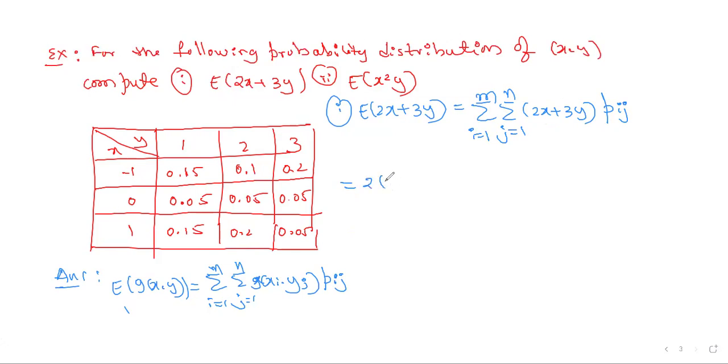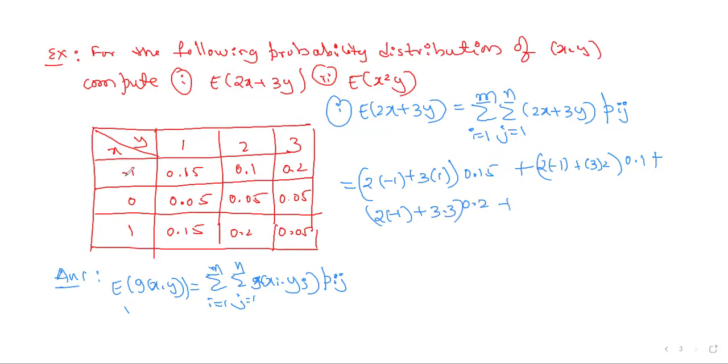Say for example, 2 into minus 1, that is, minus 1 is fixed, plus 3 into the first y value, 1, with probability 0.15, plus 2 into minus 1 plus 3 into 2 with probability 0.1, plus 2 into minus 1 plus 3 into 3 with probability 0.2. The first minus 1 series is completed.